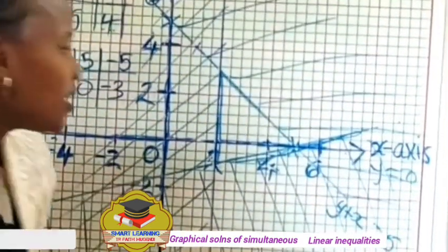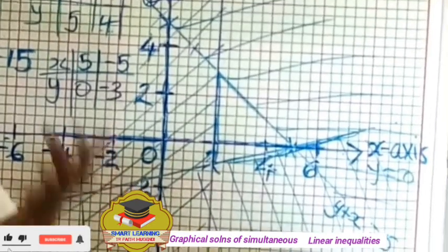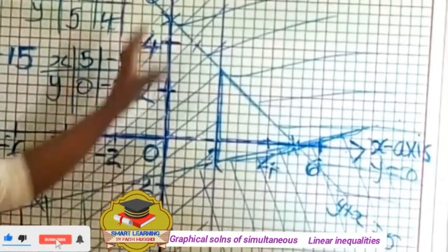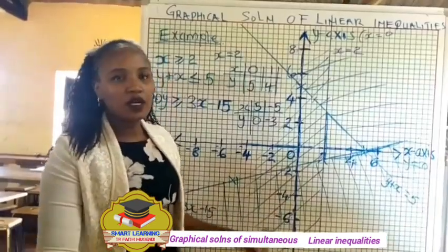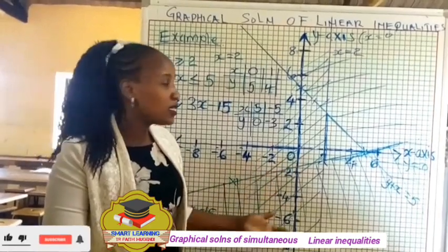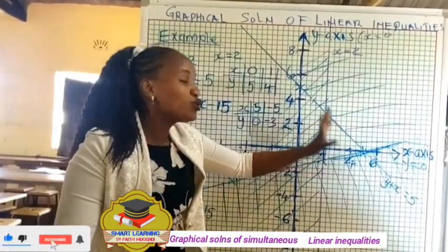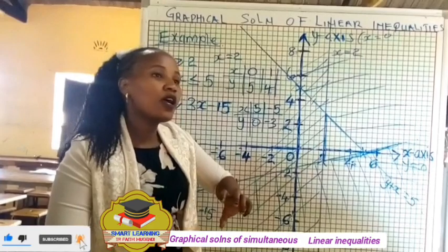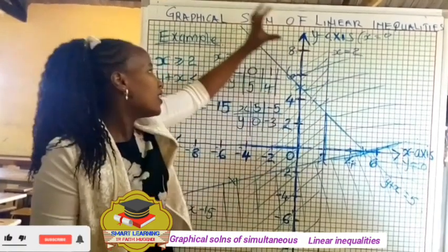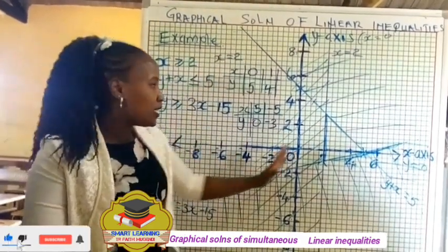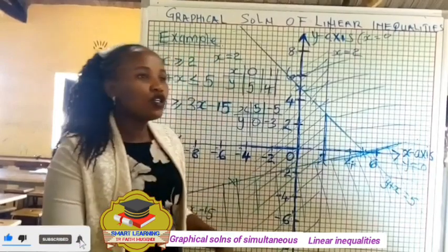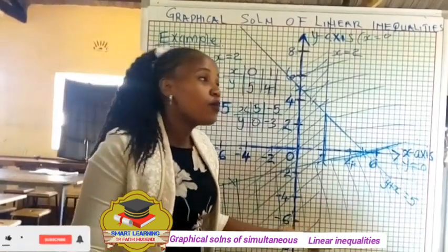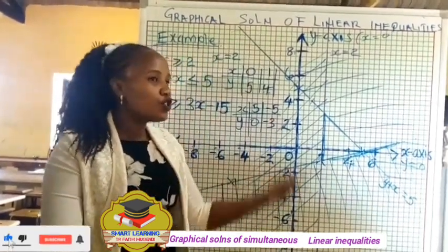When you are left with the region that is unshaded, there are two possible questions that can come from such a situation. You can be told to find the area that satisfies these inequalities, and it is in the form of a triangle, so you can use the formula of finding the area of a triangle.